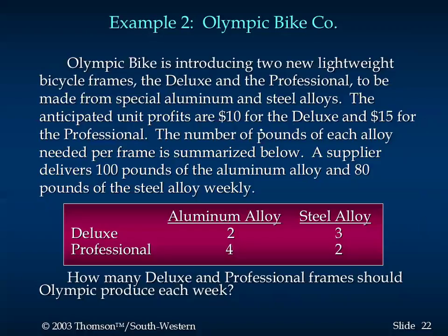So what are we trying to do? We're trying to determine how many deluxe, how many professional frames. Let's call that X1 and X2. We're trying to maximize the total profit, which is 10x1 plus 15x2, subject to, well, the resources are the constraints here: 2x1 plus 4x2 less than or equal to 100, 3x1 plus 2x2 less than or equal to 80.